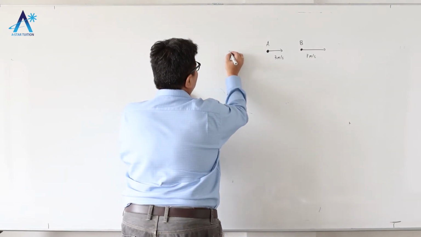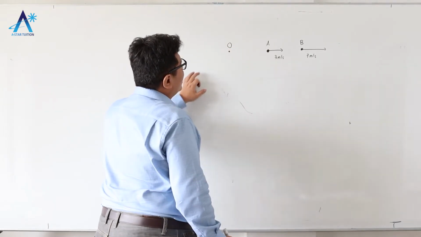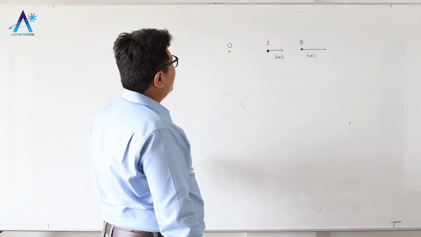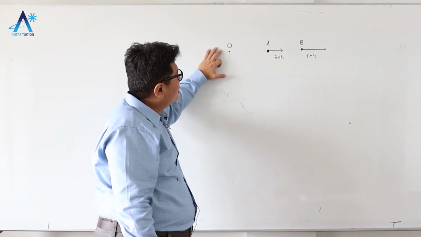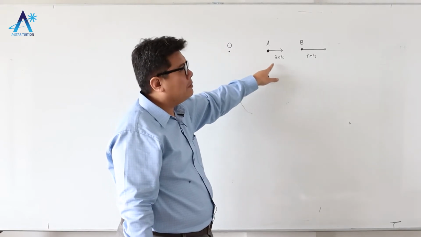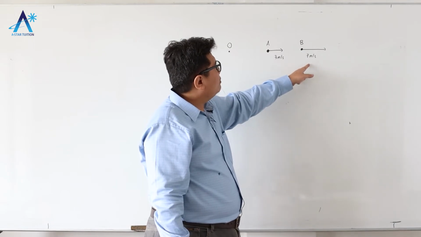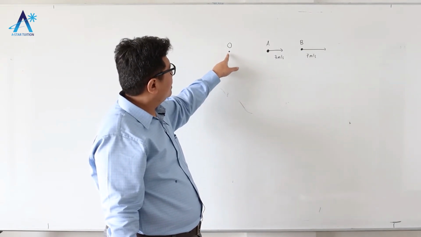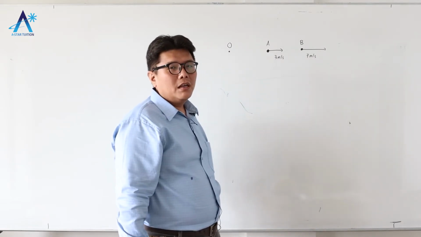Now there's a person sitting here on the ground, stationary. According to that person at the origin, the velocity of A is 3 meters per second to the right, and the velocity of B with respect to this person at rest is 7 meters per second to the right.